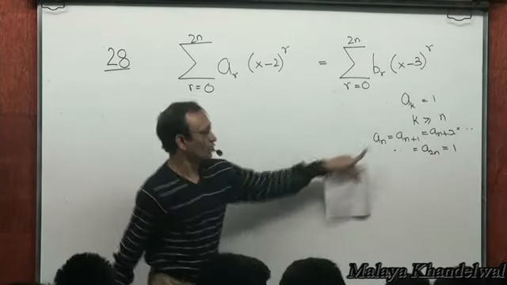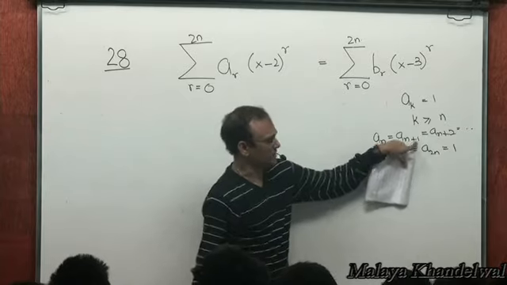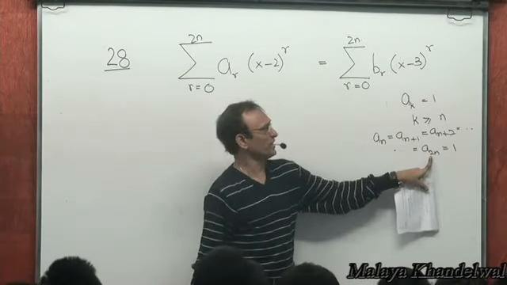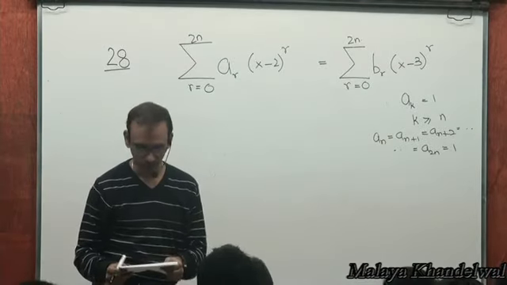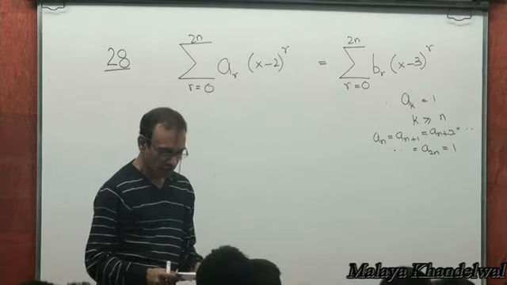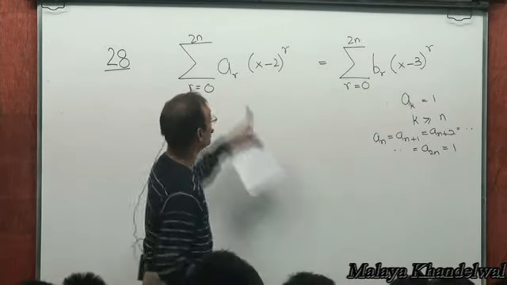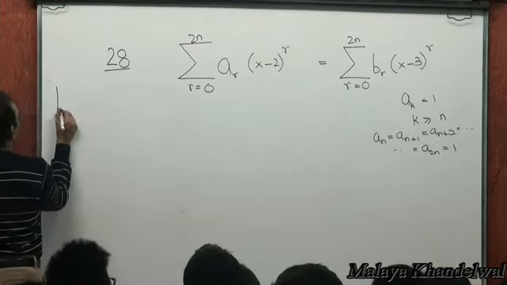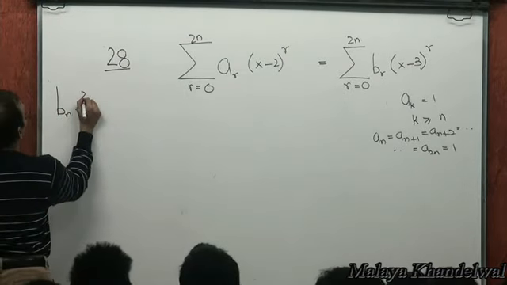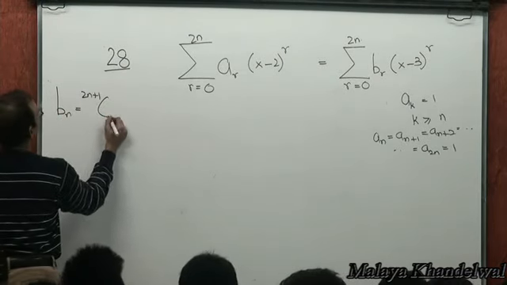That's given in the problem. We want to establish, if this is the identity, that Bn is 2n plus 1 Cn plus 1.